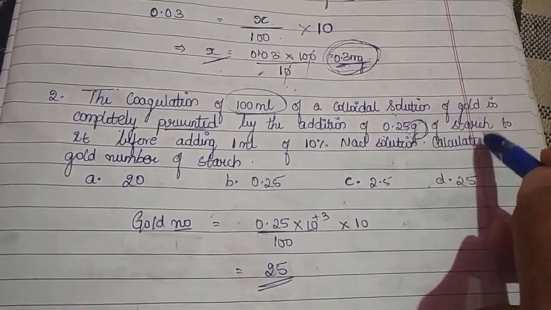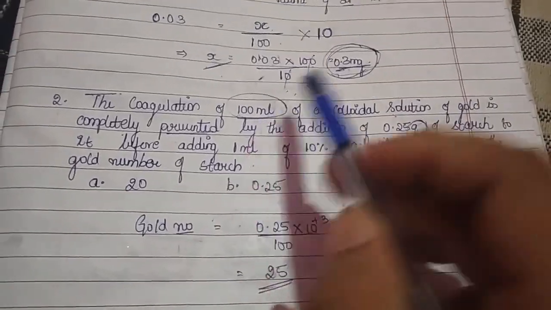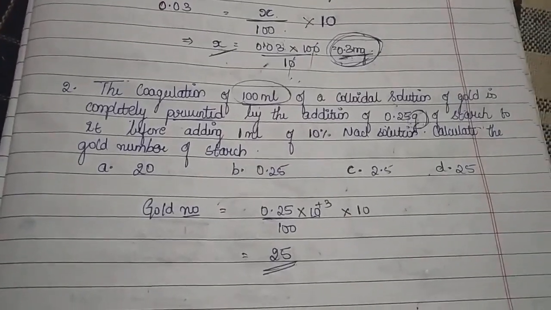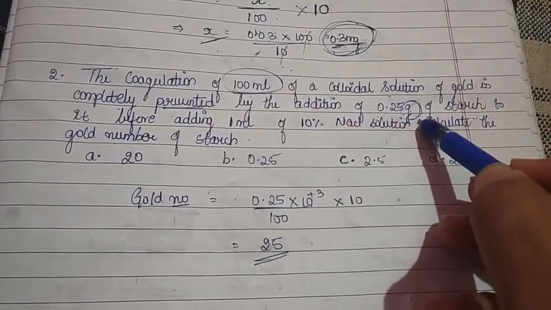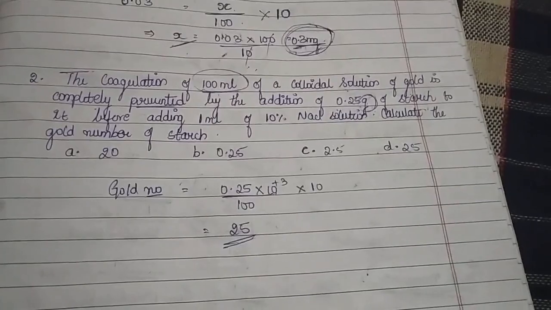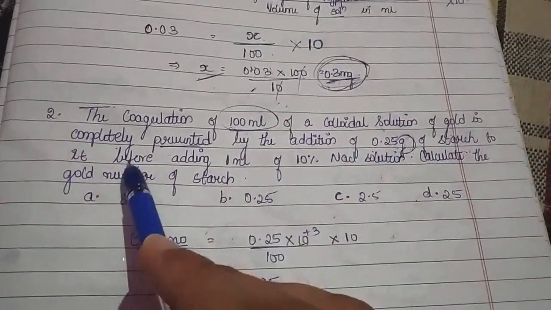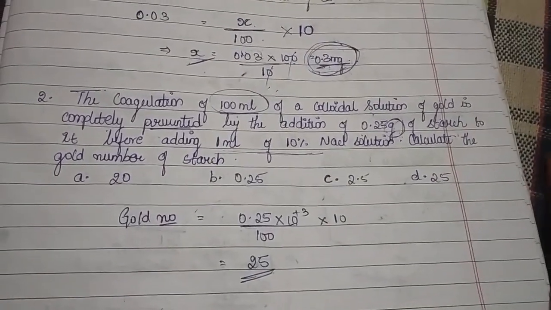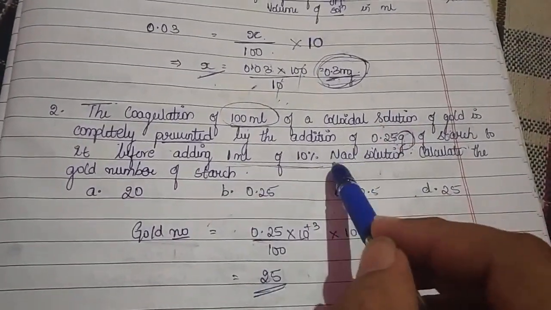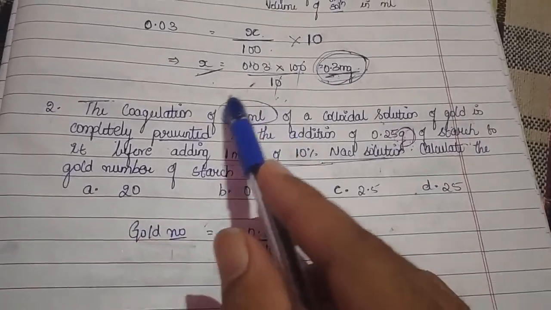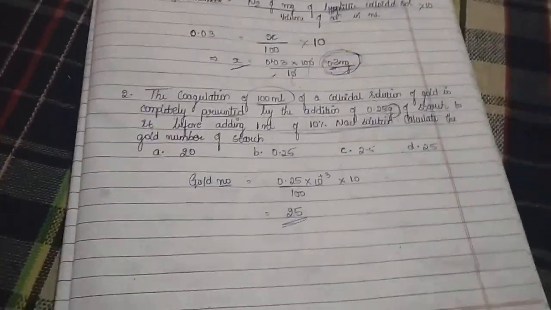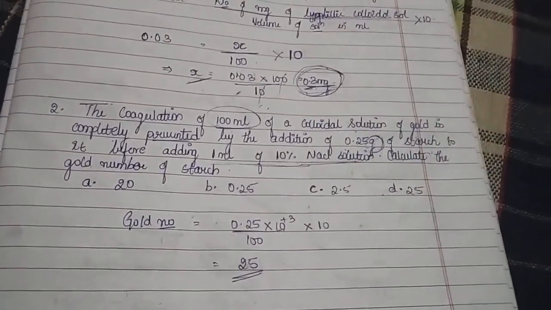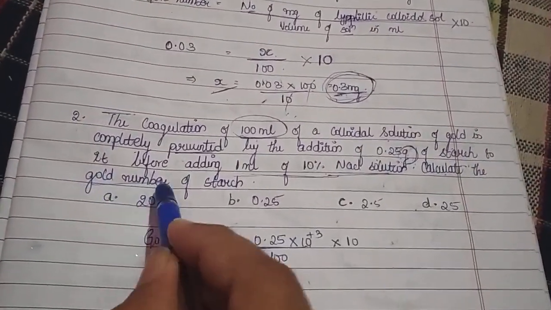To prevent the 100 ml gold sol from coagulating, they have added 0.25 gram of starch before adding 1 ml of 10% NaCl solution, that is, before adding the electrolyte. And they have asked us to calculate the gold number.